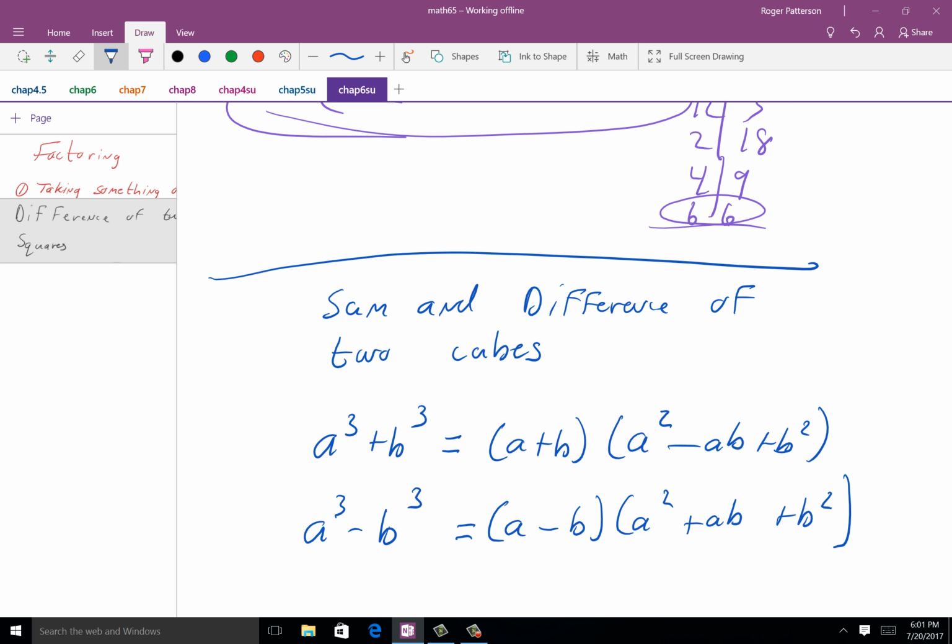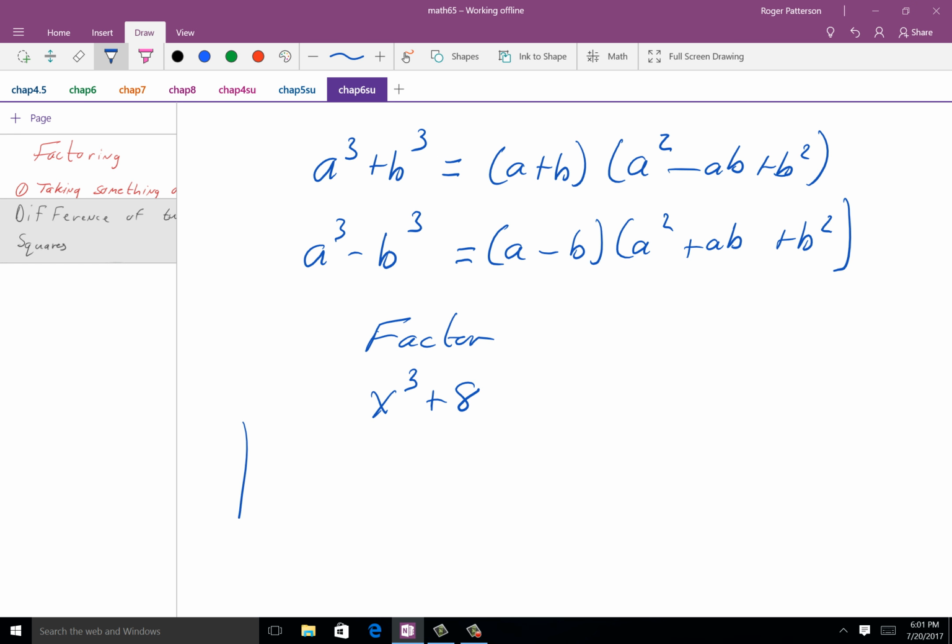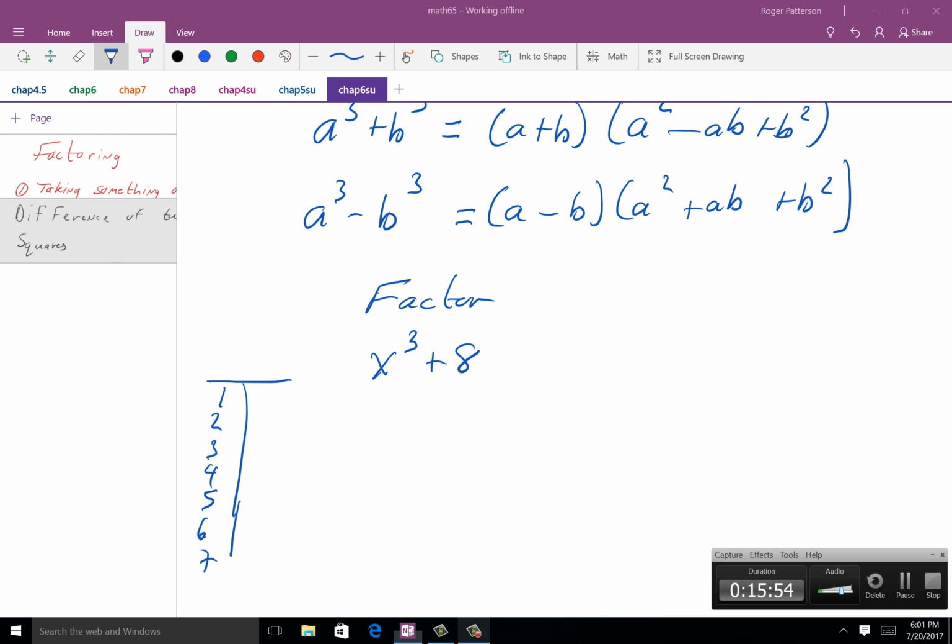So what they're going to look like, these types of problems, would be something like this. Okay. Now, here, you need to know your cubes. All right. So we did squares. So cubes look like this.